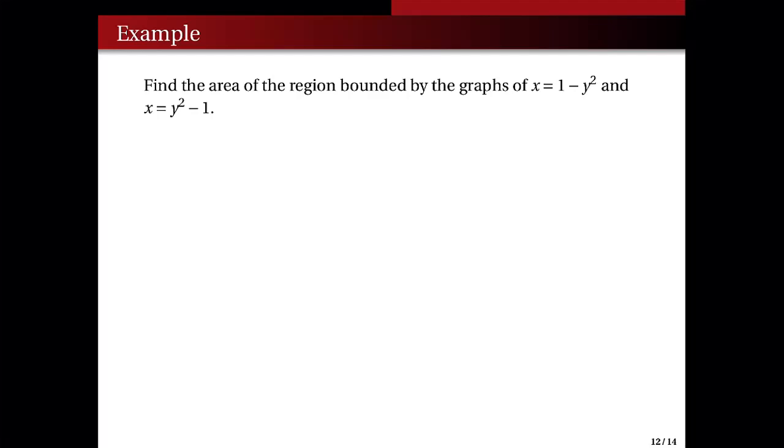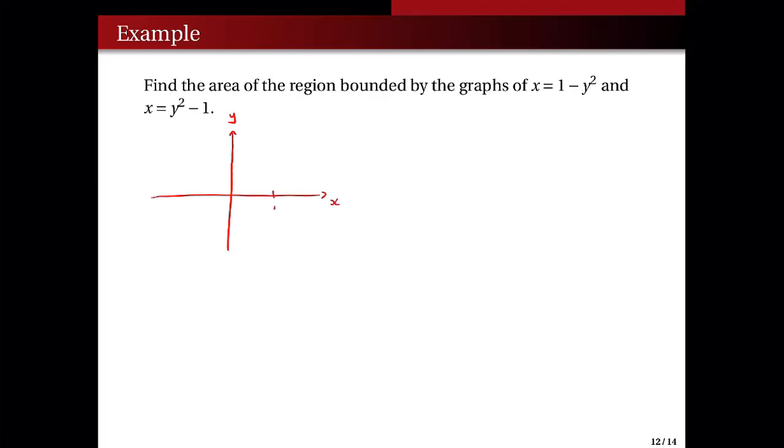Okay. So let's do this first. Let us start with the sketch of the graph. So this is your x, this is your y. For this one, you have x equals 1 minus y squared. So this is a parabola which opens to the left, and the vertex will be (1, 0).